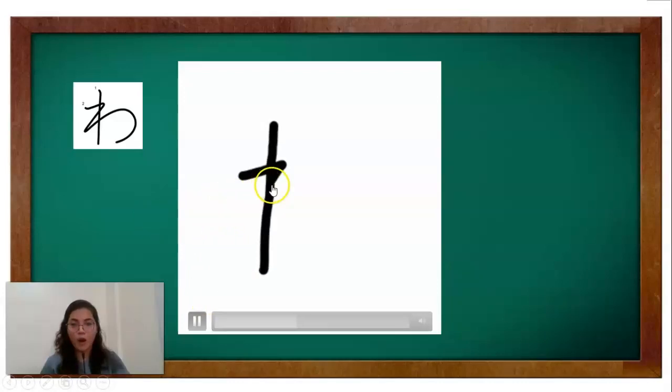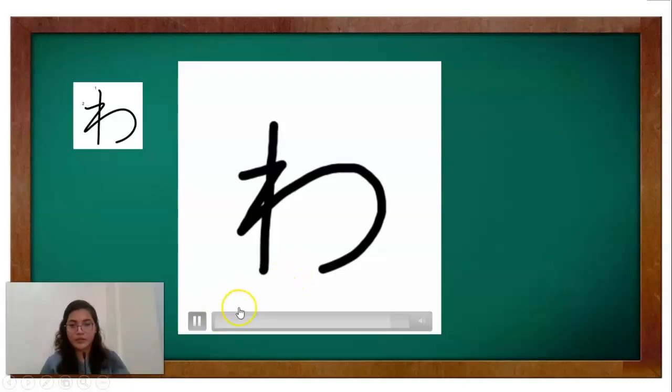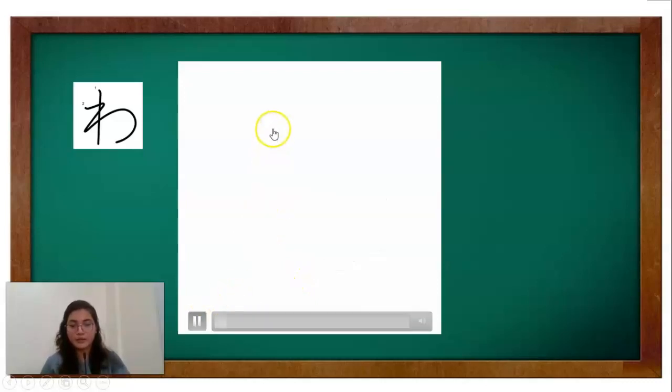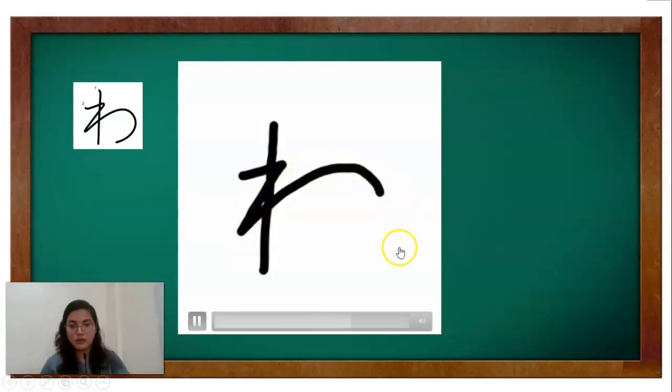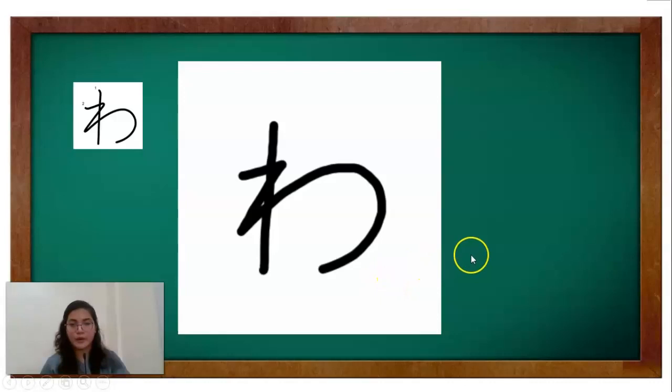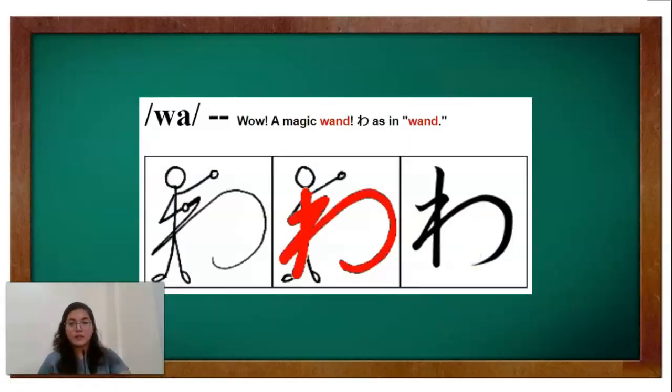Next up is this, wa. Okay, let's try it again. Wa. So to easily remember this character, just think of a wand.